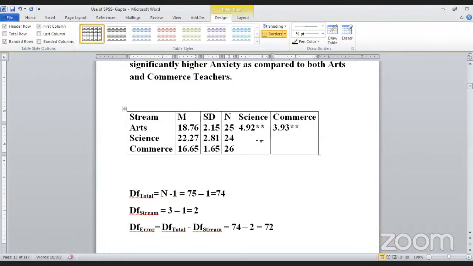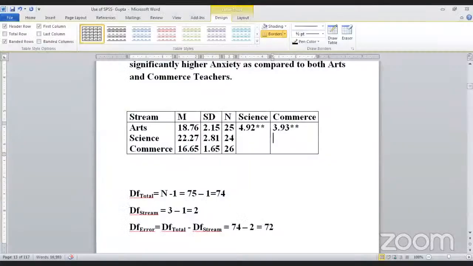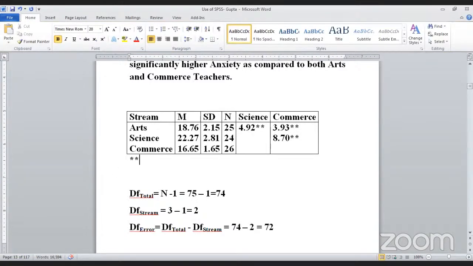Then it is science and commerce. The t value for science and commerce is 8.697, so I can write 8.70, and it is significant. So I will write here significant at 0.01 level.